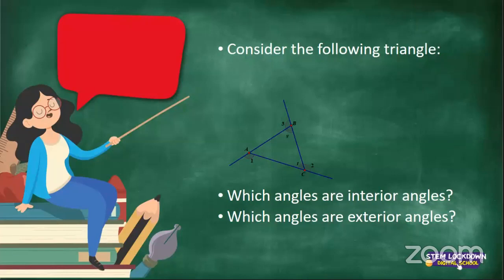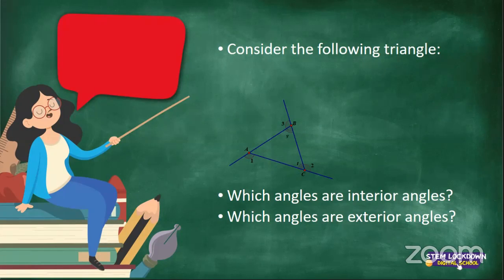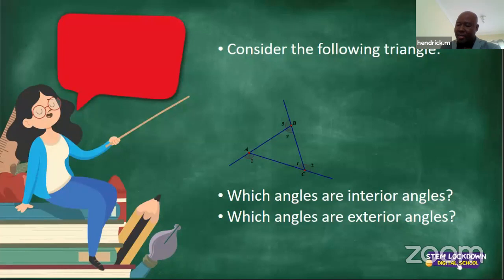And 3Y. Yes. Thank you very much. Are those the only interior angles that you can see? Yes. So you say it's A1 and B1. All right. A1 and B1. Right. Thank you very much.